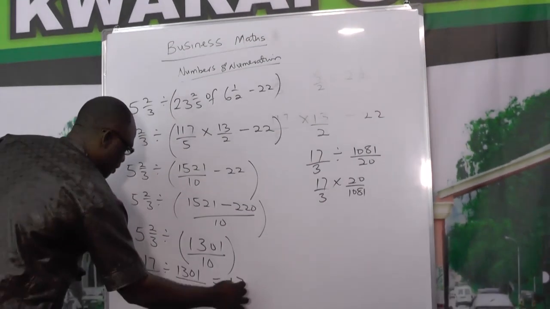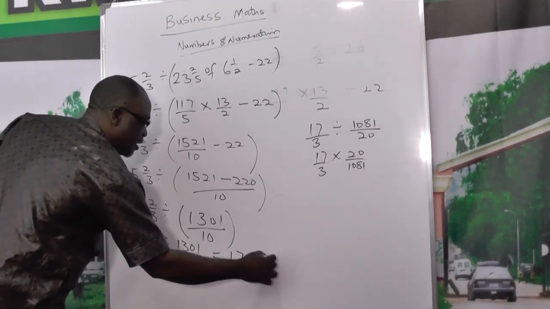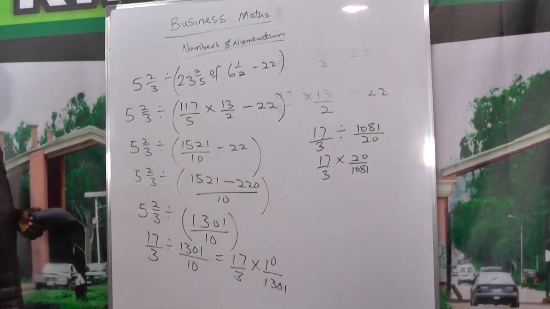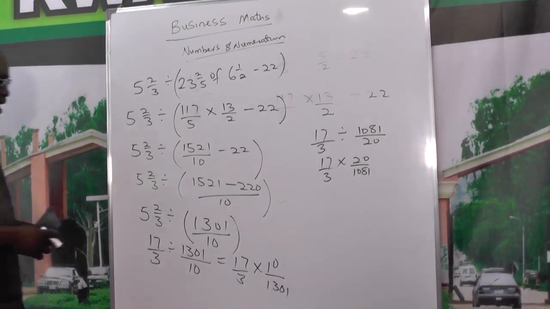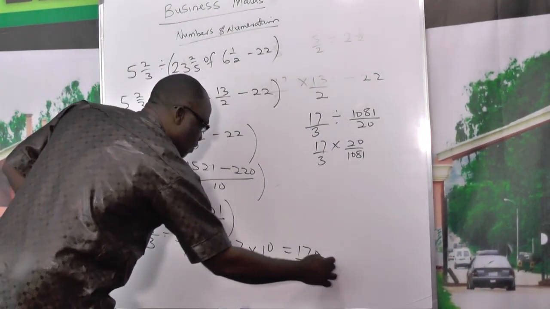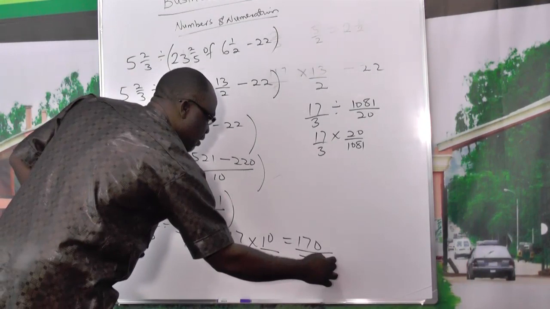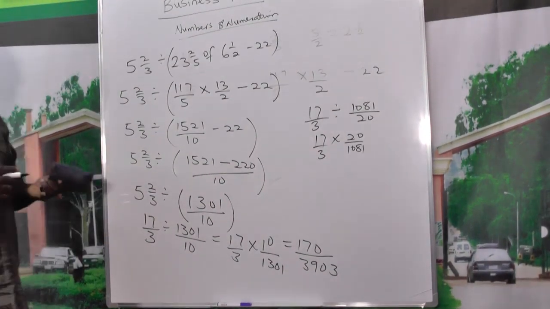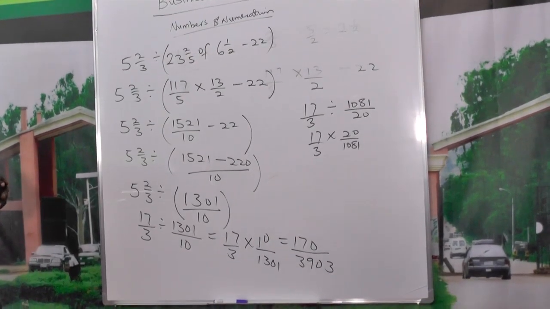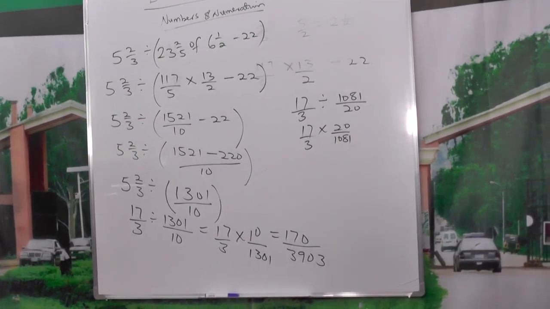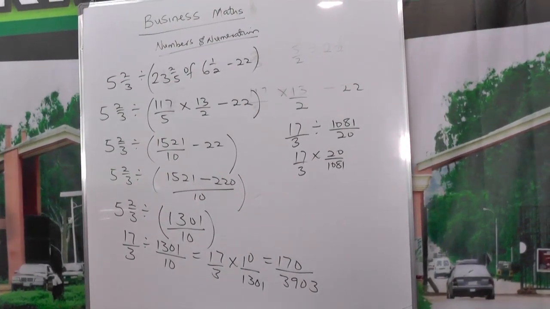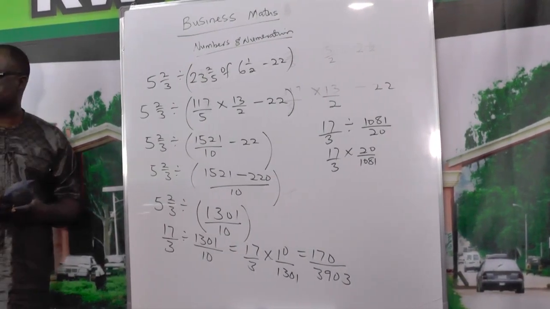So, 17 over 3 times 10 over, and of course, my final answer becomes 170 over 3903. So you can see, once you follow the rule of BODMAS, you can't miss it. If I have taken another way outside that rule, my answer cannot be the same.